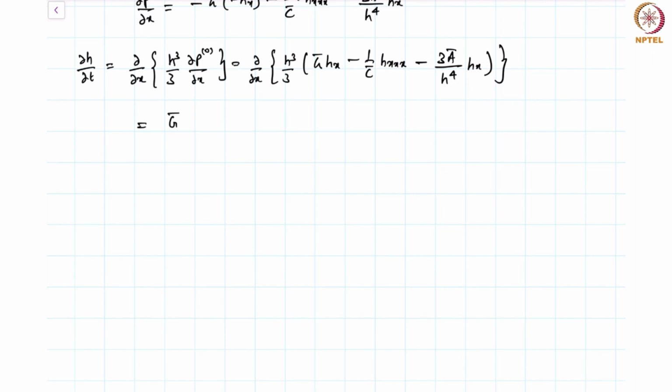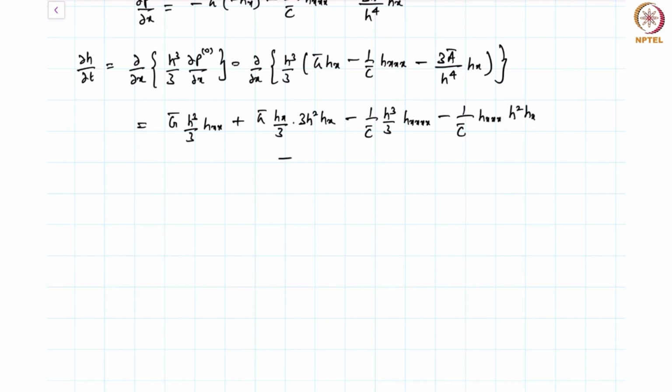And we have G bar h cube by 3 hxx, and finally the 2 terms from the van der Waals force.